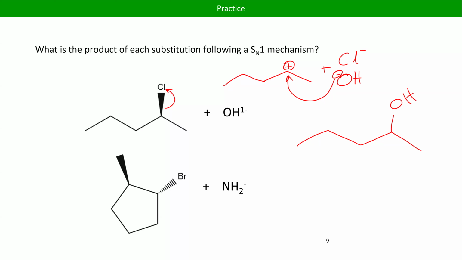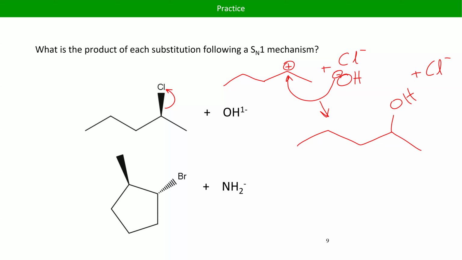That's your chloride floating around. Was the OH going straight up or coming towards us? Doesn't matter. Good question. So it is a chiral carbon still, but we went through this intermediate that was planar.